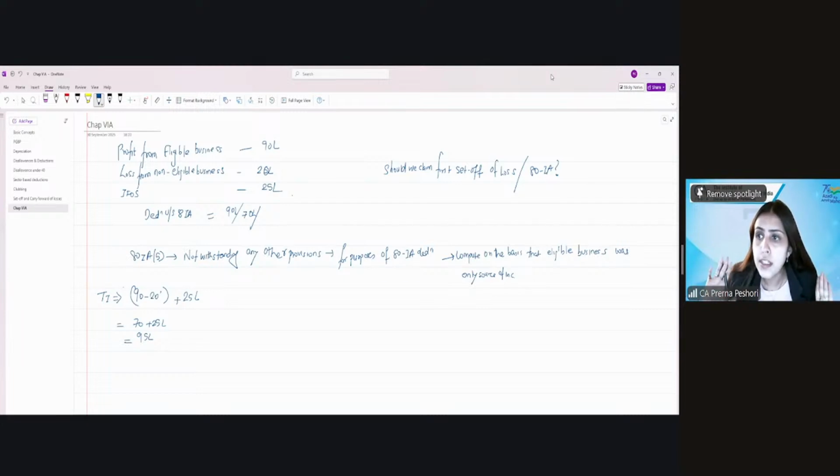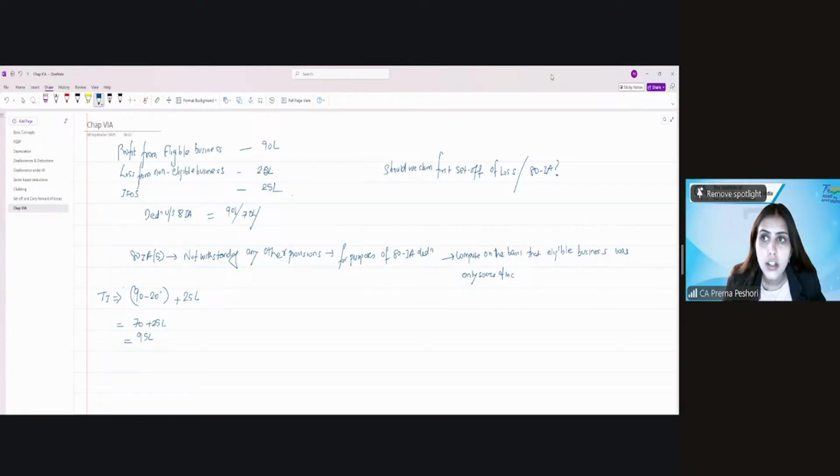For the purposes of ATIA, I will consider that this is the only source of income, which is 90 lakh. And therefore, I will allow the entire deduction restricted to 90 lakh. So even though I am setting off the loss, I will restrict it to the 90 lakh.